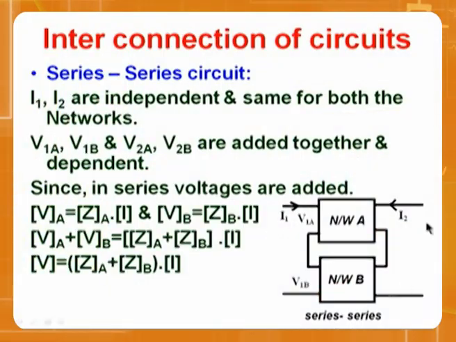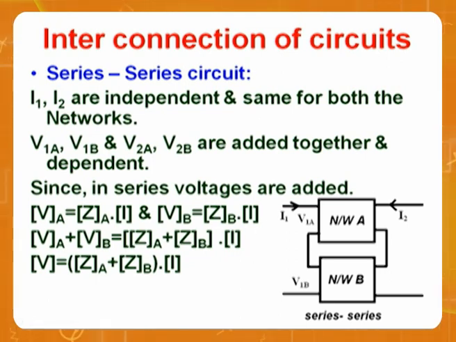I gave one small idea to remember. Identify the dependent parameters or independent parameters. Just identify the independent parameter, then you can automatically tell what the overall parameter is. For example, for this one, the Z parameters of A and B get added, because voltages are added.